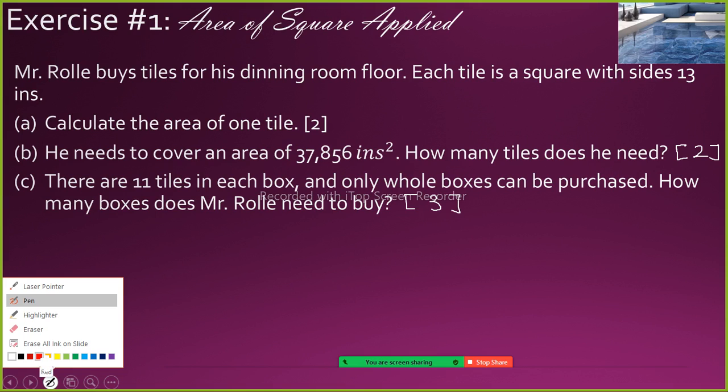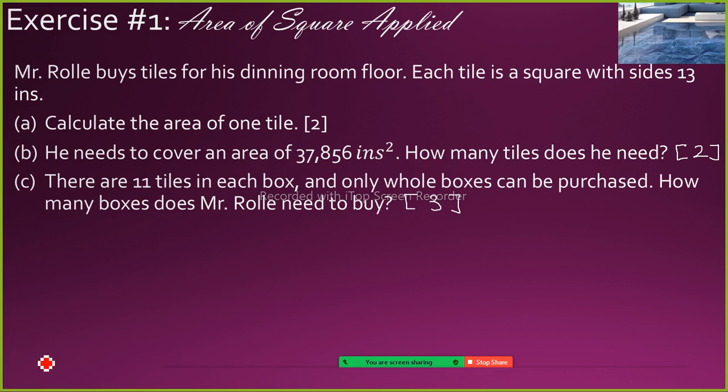169 inches squared. Very good. So for number 1, we know that we have the area of a square. That's going to be equal to s squared. We know that s is a side, and the side that we're given is 13 inches. So it's going to be s squared, so that's 13 inches, all squared, the same thing as 13 times 13.